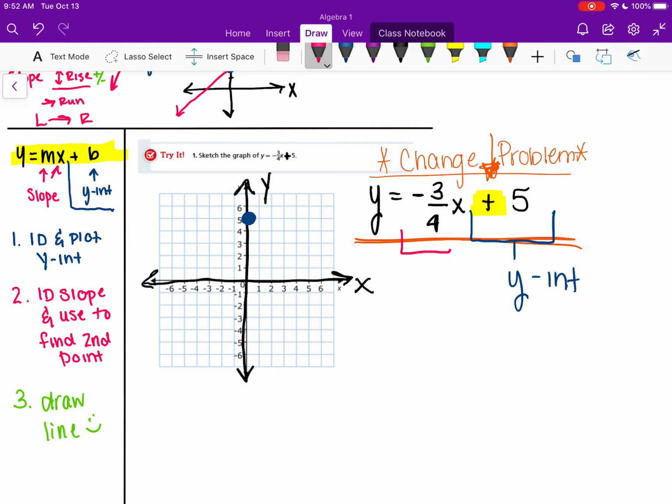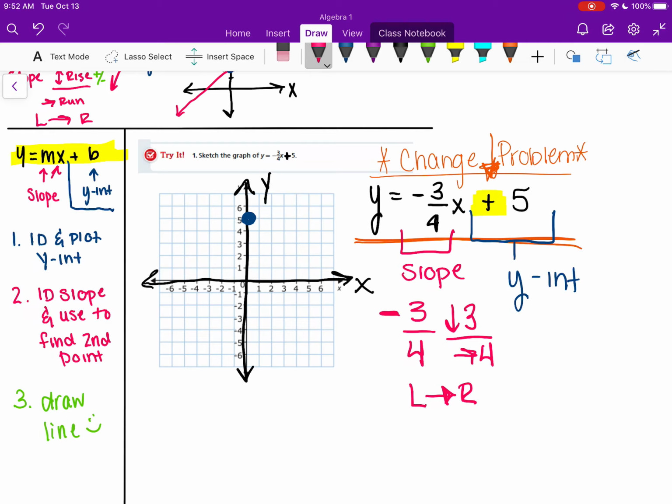So here, the slope is going to be negative 3/4. And if we remember that slope is rise over run, that negative 3 means we're going to go down 3, and then we're going to go over 4, because remember, we go left to right.